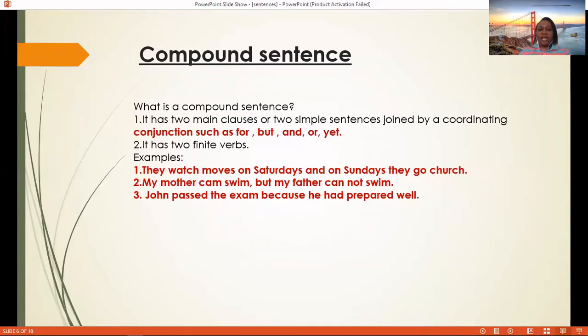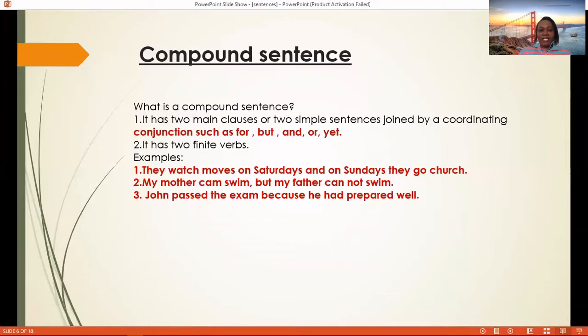I have examples of such conjunctions as for, but, and, yet. The list is endless. That is a compound sentence, right? The next feature of a compound sentence is that it has two finite verbs. Unlike the simple sentence, it has now two finite verbs.